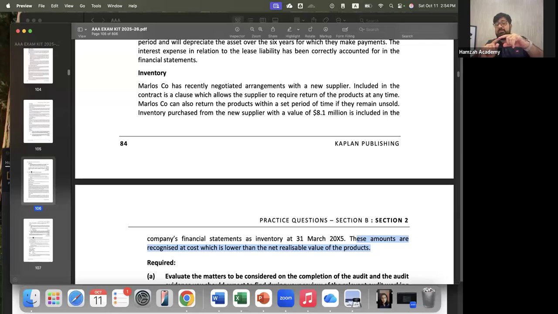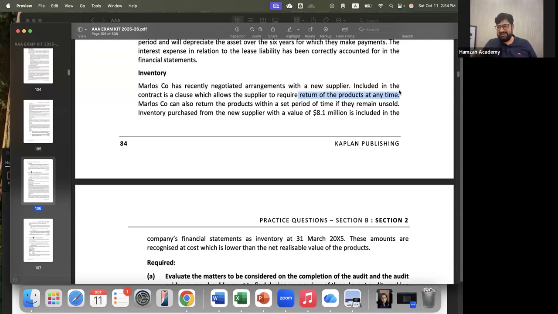The inventory is with Marlo's. It is still the property of the supplier, because they can require return at any time. Unless sold to the customer of Marlo's company, the title is transferred when Marlo's sells that inventory to its customer. The title is transferred from the supplier to the customer of Marlo's.